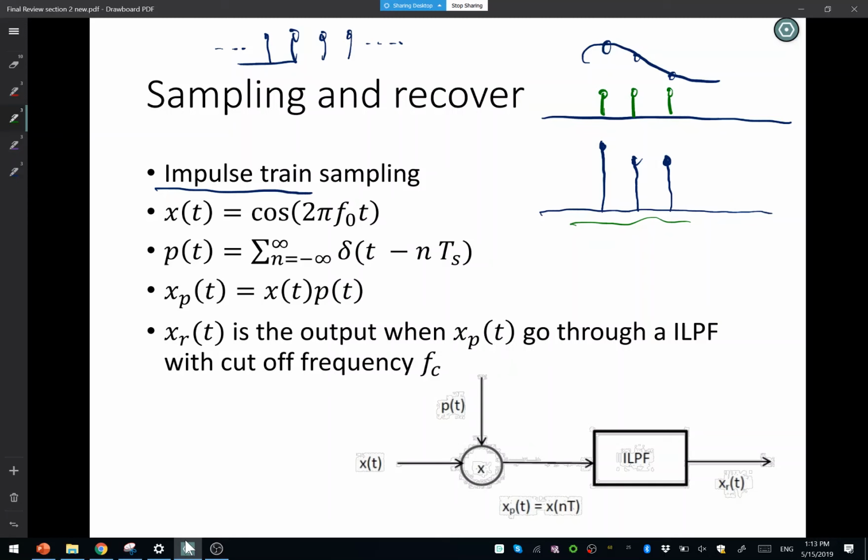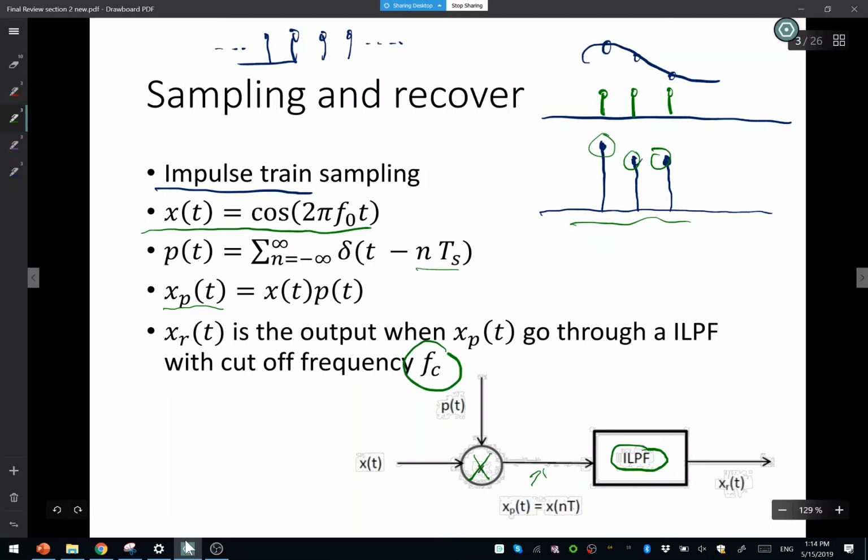When we multiply these together, we get xp(t), the modulated spikes. Then we use an ideal low-pass filter to recover the continuous signal. It has a cutoff frequency, first we see fc, and later we see it is half Fs.